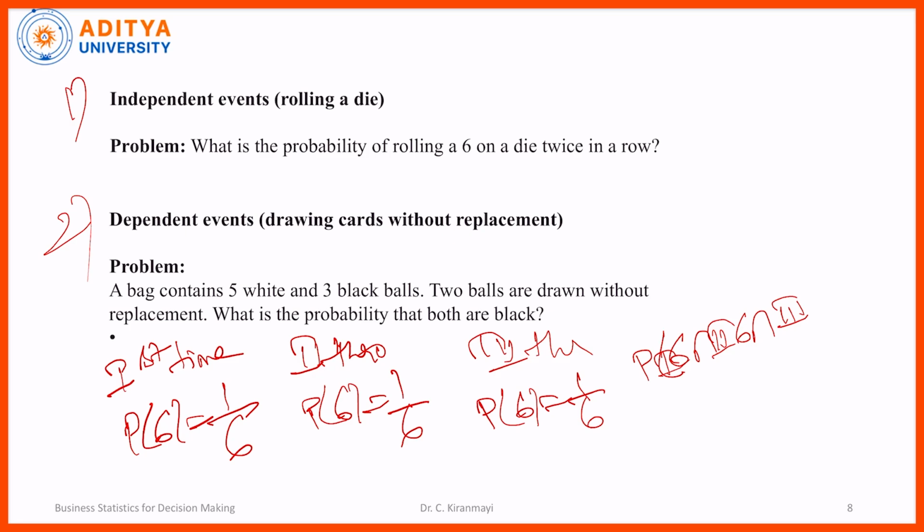Therefore, the probability of getting 6 in the first throw, the second throw, and the third throw is given by 1 by 6 into 1 by 6 into 1 by 6.